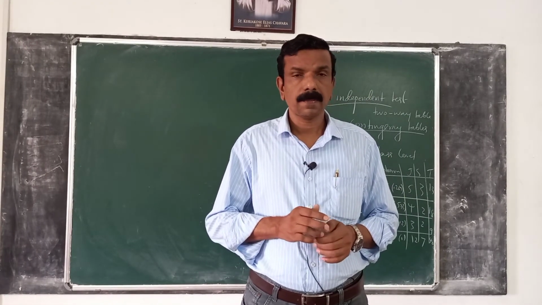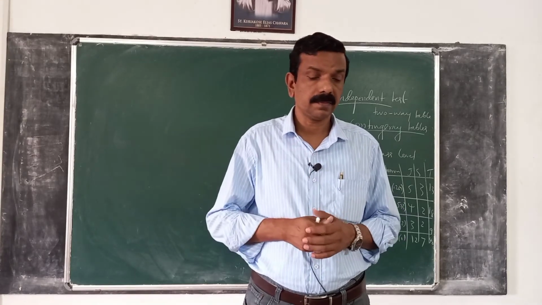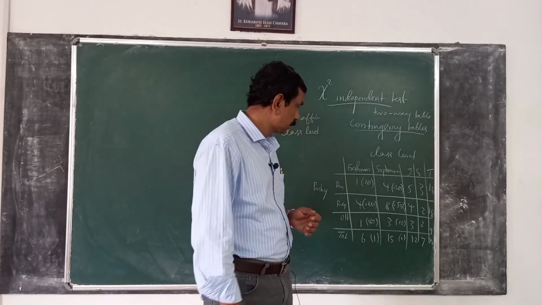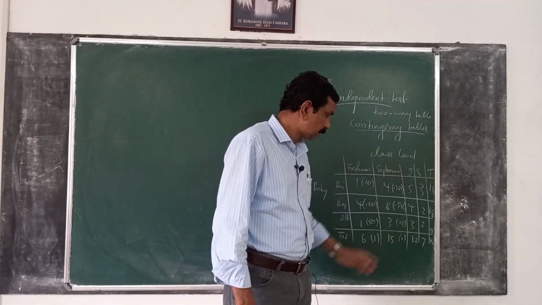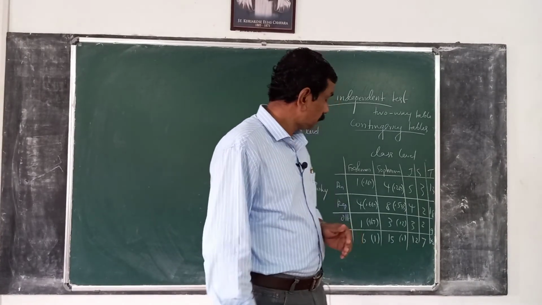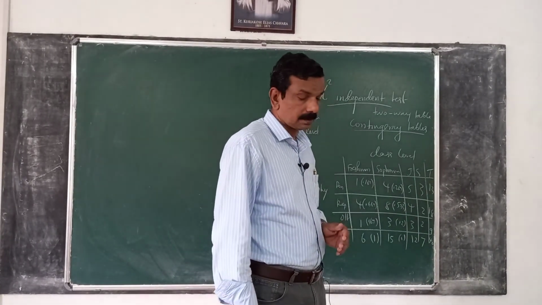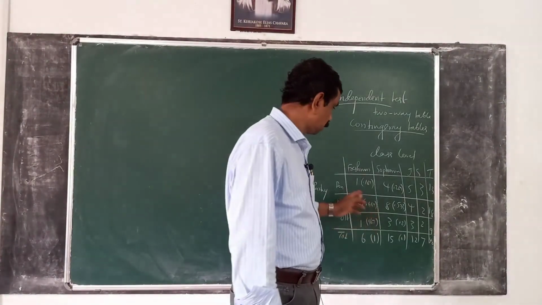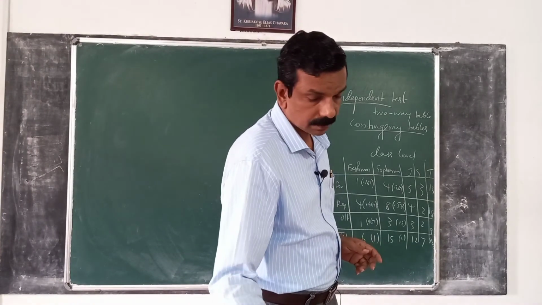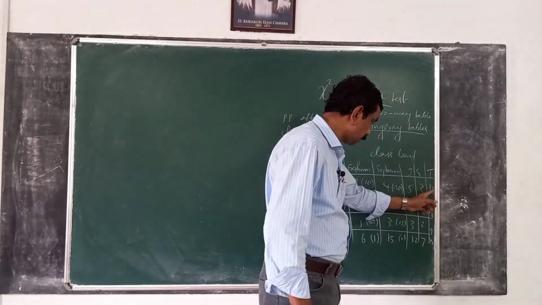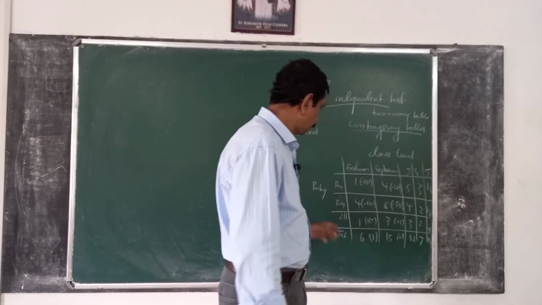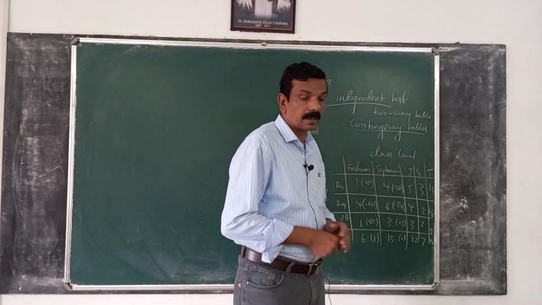Suppose, as an example, that we have no information about class level. Then we can say that 32.5% of the students, if you take the totals, are Democrats.